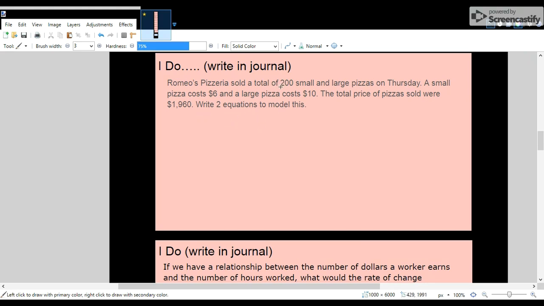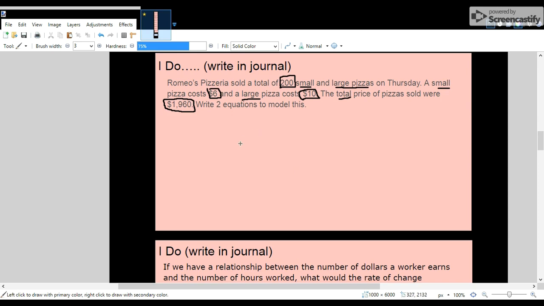Well, first we want to box our numbers. So 200 small and large pizzas, and $6 for a small pizza and $10 for a large pizza. The total was $1,960.